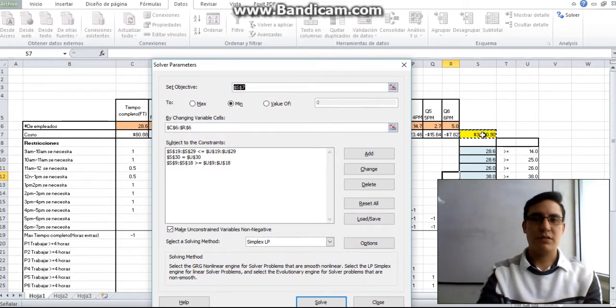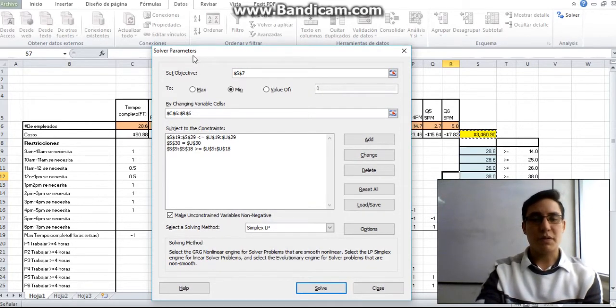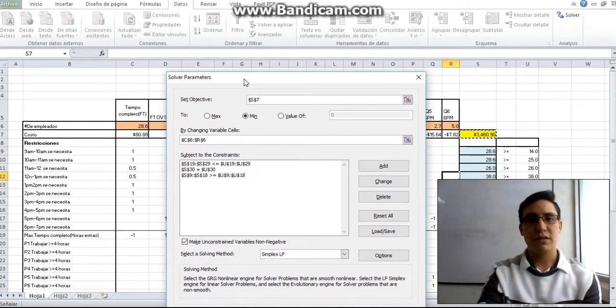First, establish the objective, set objective. The Solver parameters: the function is minimized, put min, and the changing variable cells.